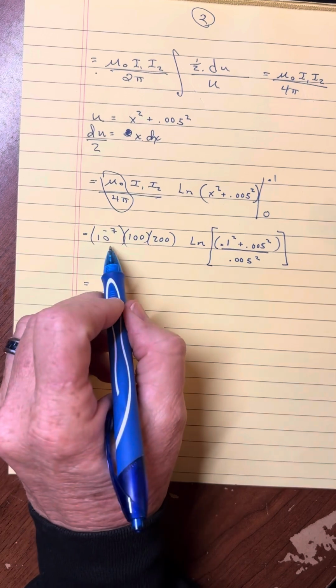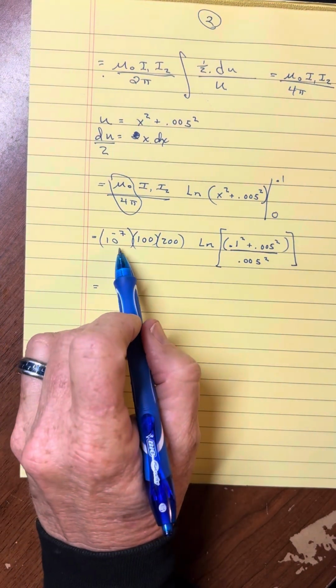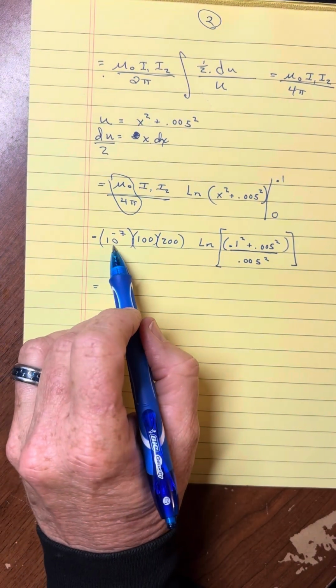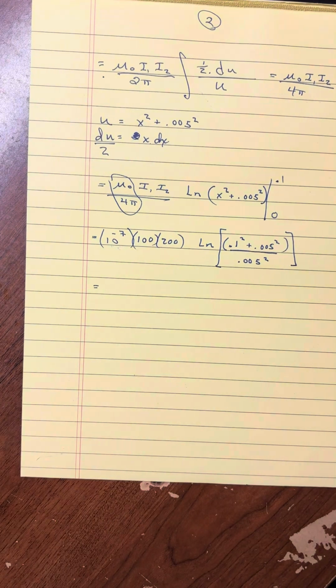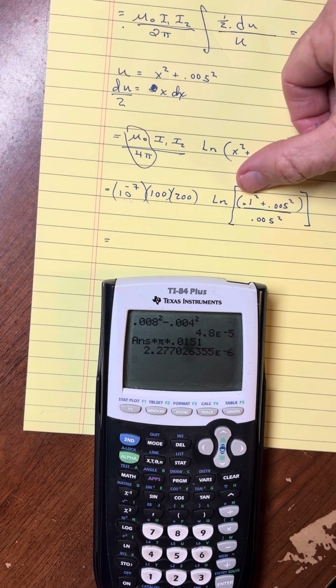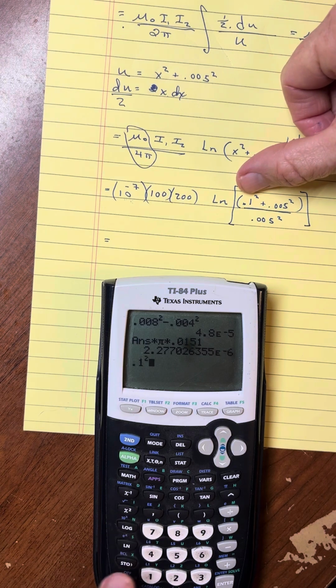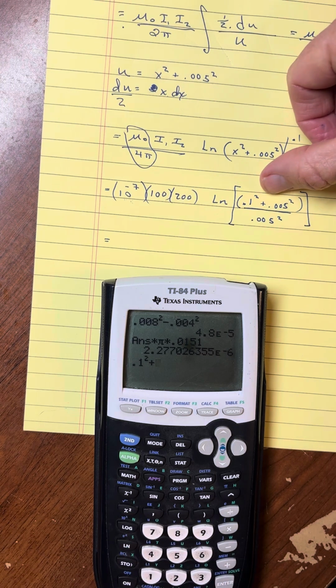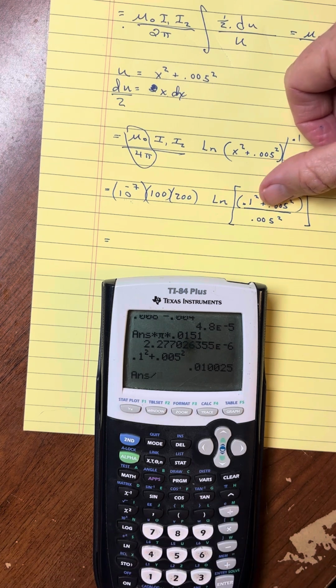And you can see, because of the permittivity of free space, or permeability, excuse me, of free space, that's going to be pretty small here. Okay, so here I have 0.1 squared plus 0.005 squared. Nice. Then I will divide that by 0.005 squared.